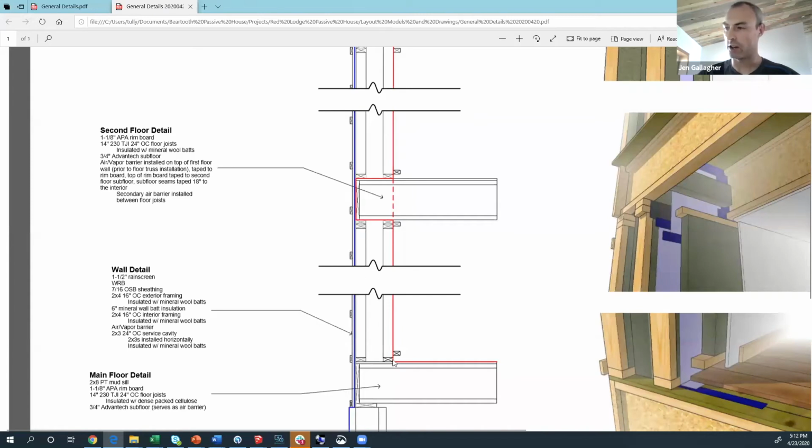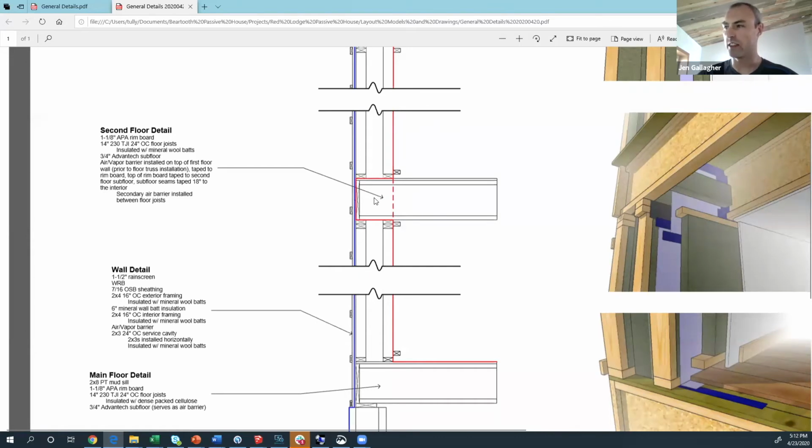And because our air barrier needed to be continuous, we had to figure out how you take that air barrier from the inside of the first floor wall and get it to the inside of the second floor wall without ever having that thing interrupted. All right, so I'll show some pictures of that, but that's a detail that you definitely have to think through.